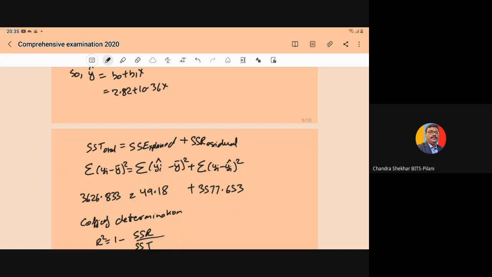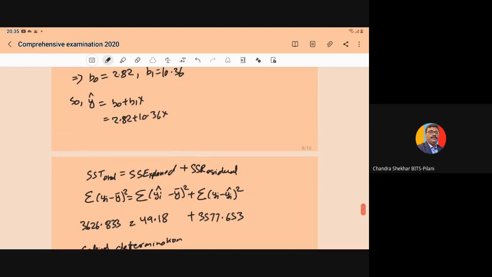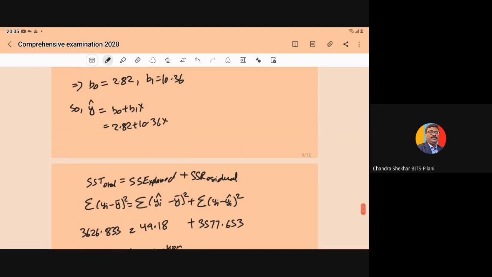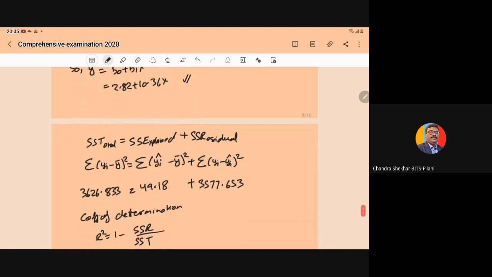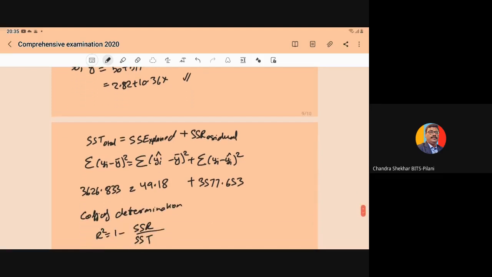Here the y cap denotes the predicted value. When we predict the value for the given x by this equation, you will get different values. On taking the summation, you will get the required value.